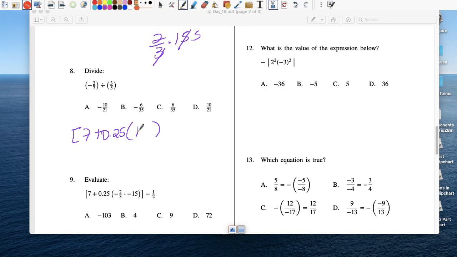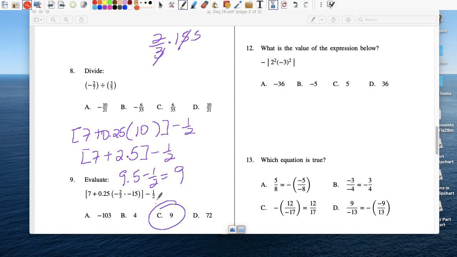So all that becomes positive 10. Close brackets, minus a half. So now 0.25 times 10 is just 2.5. 7 plus 2.5 is 9.5, and 9.5 minus a half is simply 9. So 9 is also C.